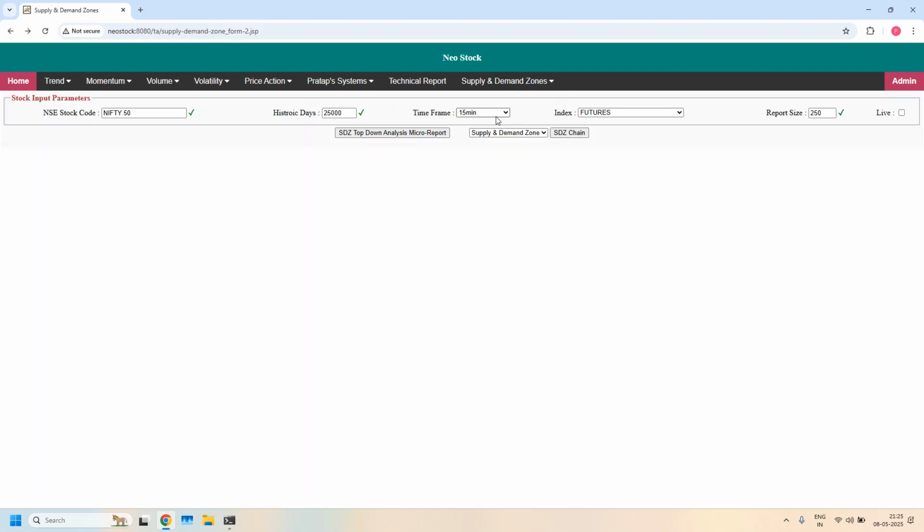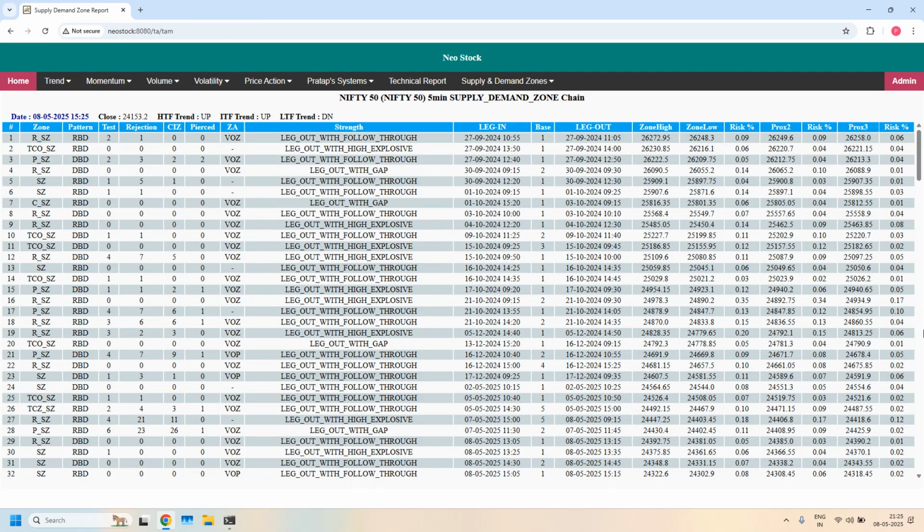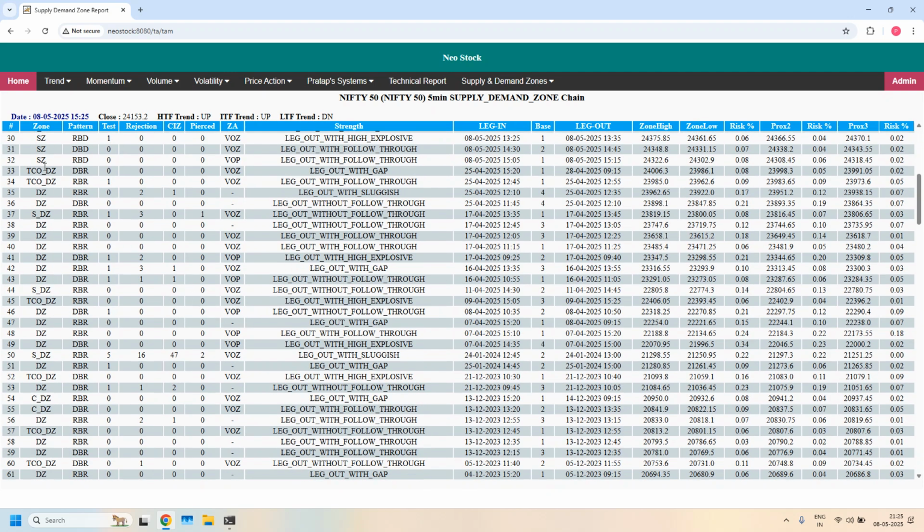Next, generating 5 minutes supply demand zone chain for Nifty. And this entire page is having supply zones. I am scrolling the list down to find the demand zones. Serial number 33 is having nearest demand zone to the current closing price.